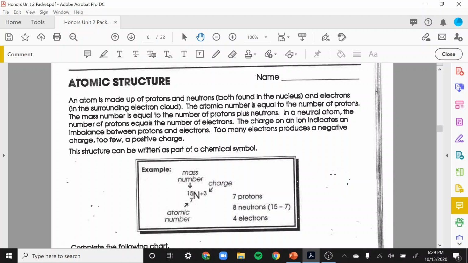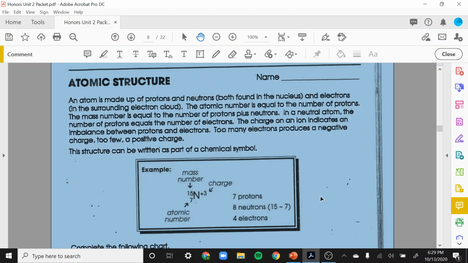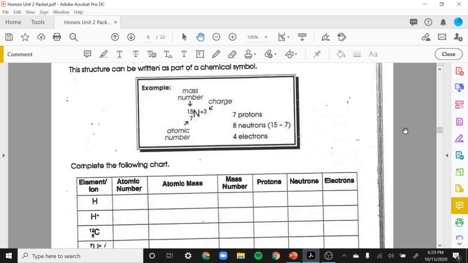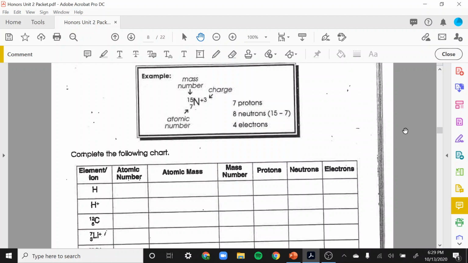So you're going to obviously need your periodic table. And I want to walk through a few of these examples with you because this can be a little bit confusing just because of this particular worksheet. Okay, so obviously your atomic number is your number of protons, right?